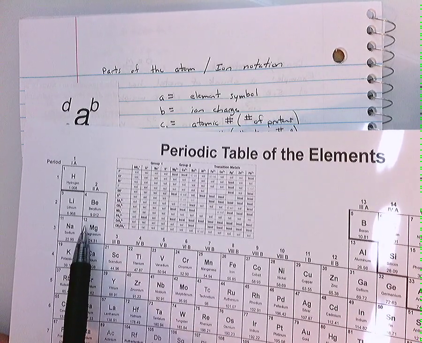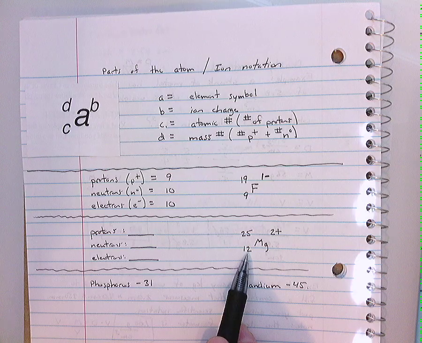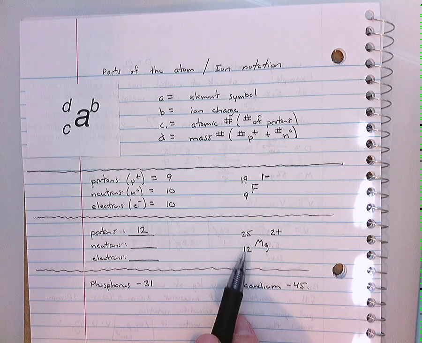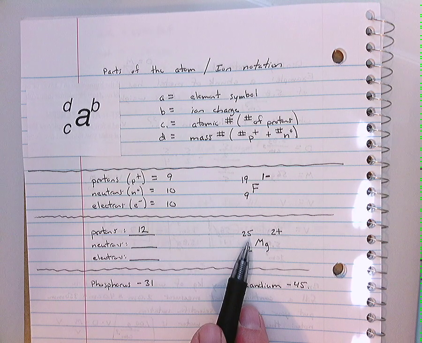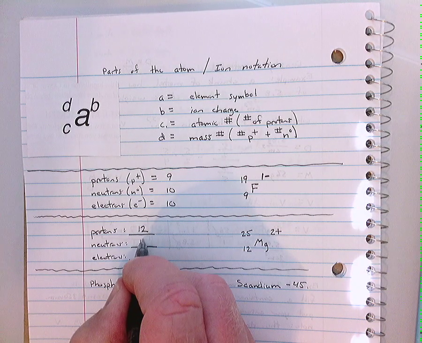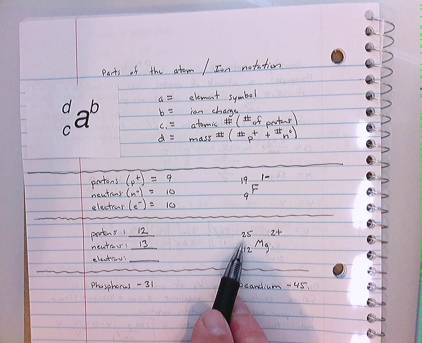Magnesium is right here. It's got its 12 protons, which is why the 12 is sitting on the bottom left. So 12 protons. To find the number of neutrons, well, we know that neutrons plus protons is equal to 25. So 25 minus 12, neutrons must be 13. Because 13 plus 12 gets us to 25.